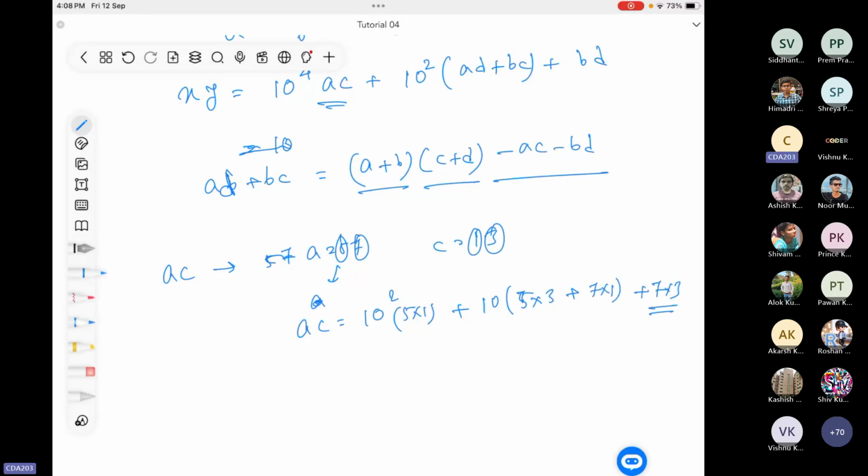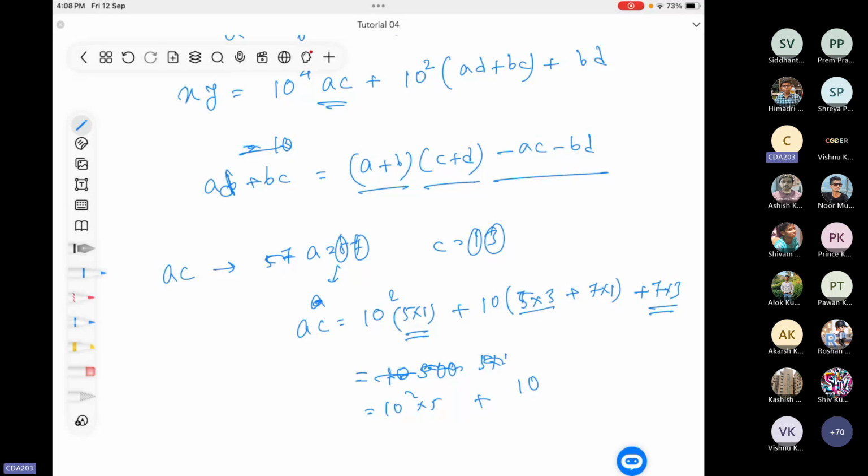Now this is a single digit multiplication, and this is a single digit multiplication. So we directly get this answer. We'll write it in this way: 10 square into 5.